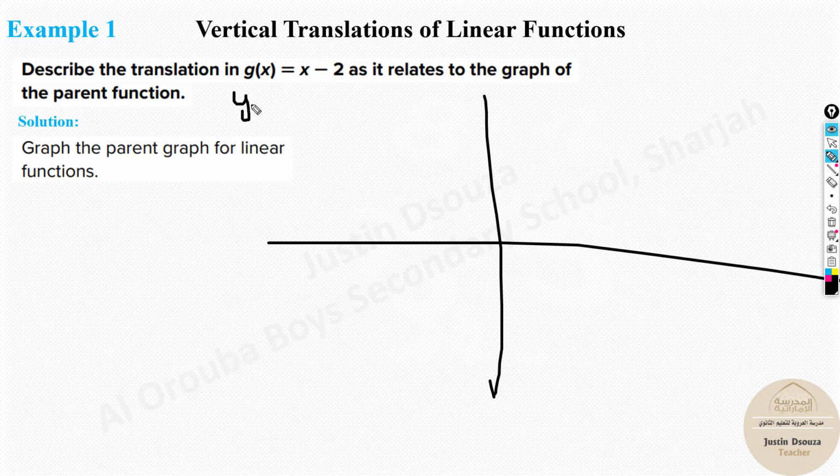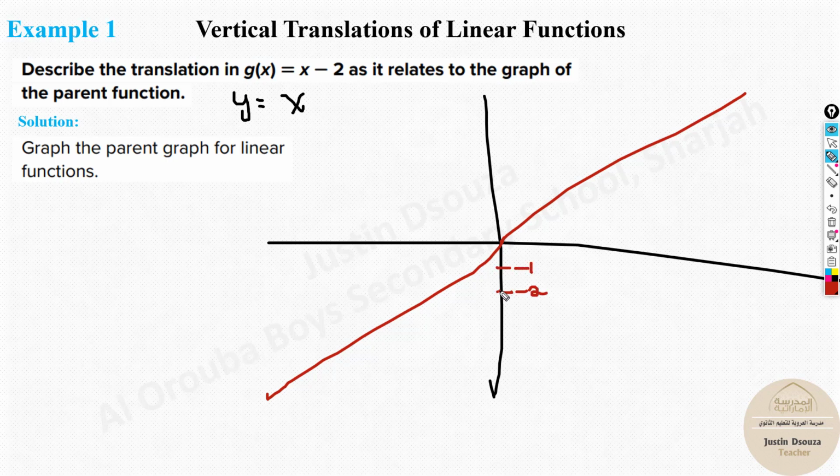This is the parent function, f of x equals x, or y equals x. So the function would be something like this. Now it's minus 2, so this is minus 1, minus 2. You should just translate this down by 2 units. That's it. That would be the answer.